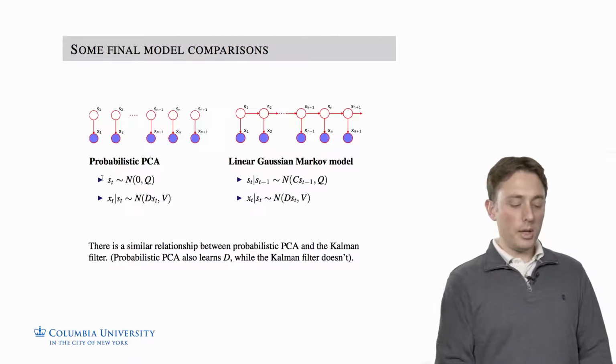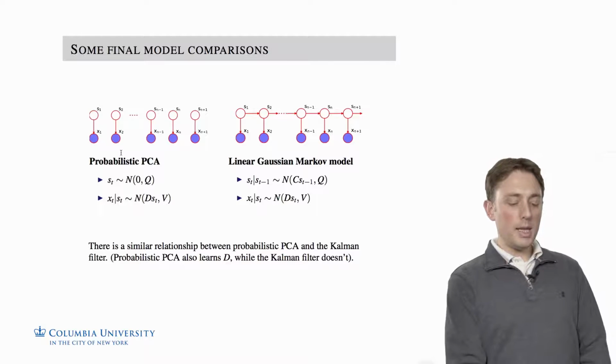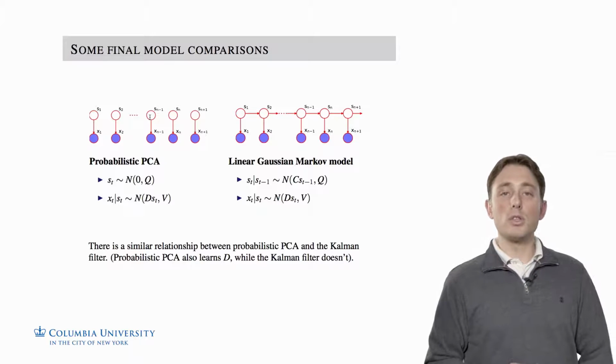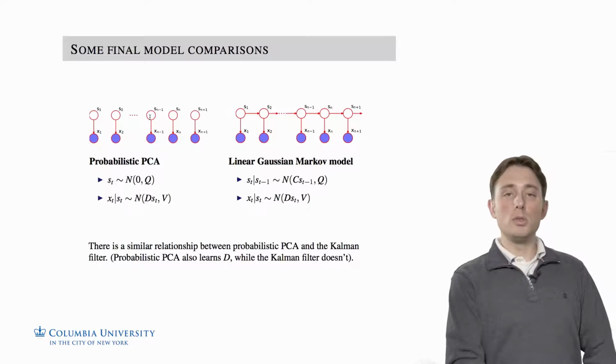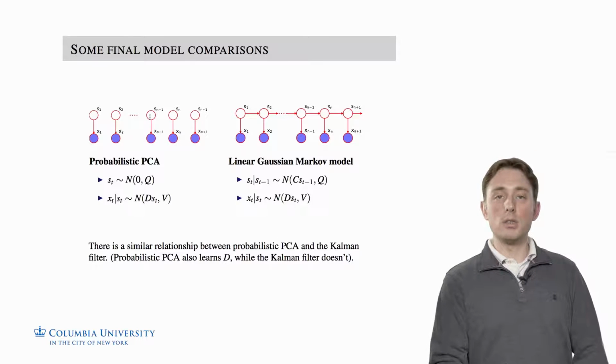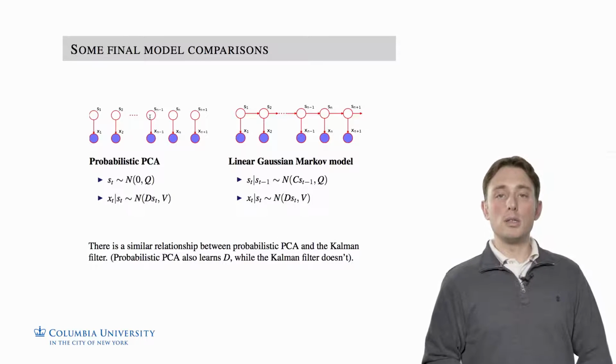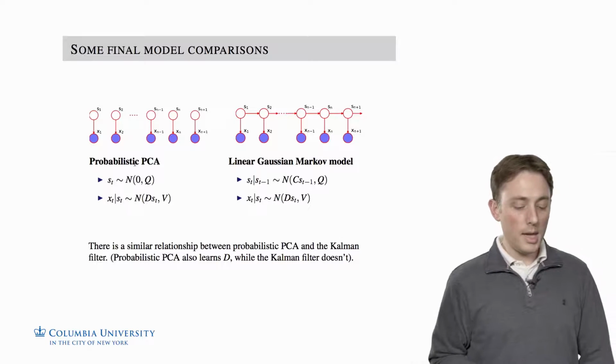Here, if we look at probabilistic PCA, we see that there's a similar model structure as the Gaussian mixture model. I'm using the notation that we used in this lecture to discuss the algorithm we discussed in a previous lecture, probabilistic PCA.